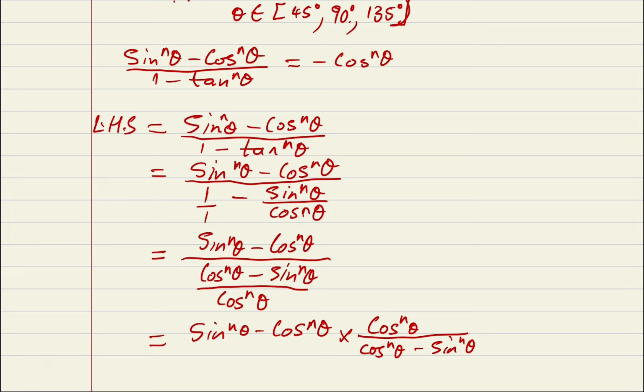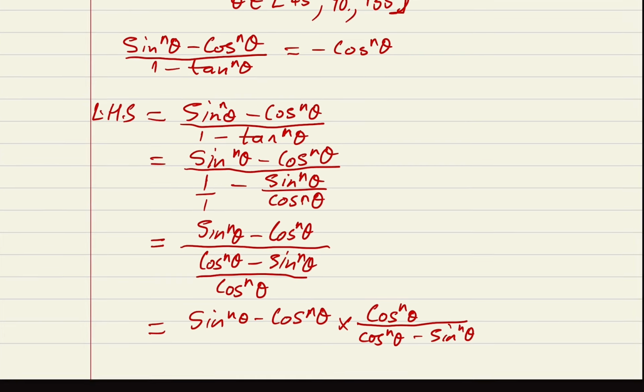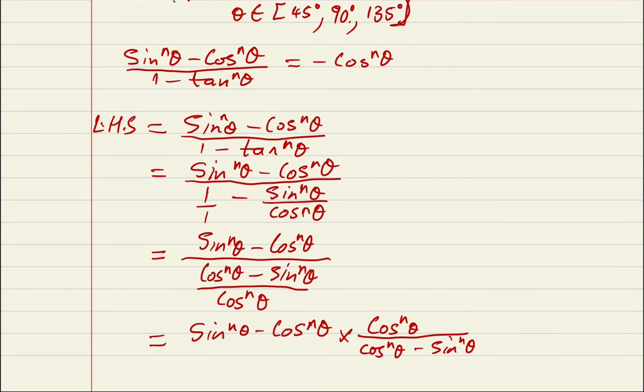Since I'm still on the right track, that means here on top it's supposed to be cos, not sine. So let me continue here. I will have to take out the negative and be left with cos of n theta minus sine of n theta.